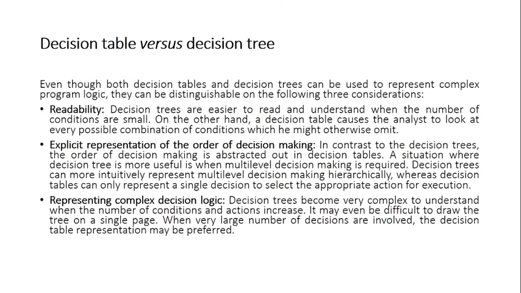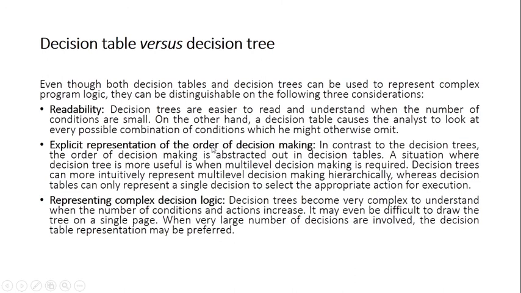Now the difference between decision table versus decision tree. The first parameter is readability, right? Decision trees are easier to read and understand when the number of conditions is small. If it is more, then confusion is created in the tree.